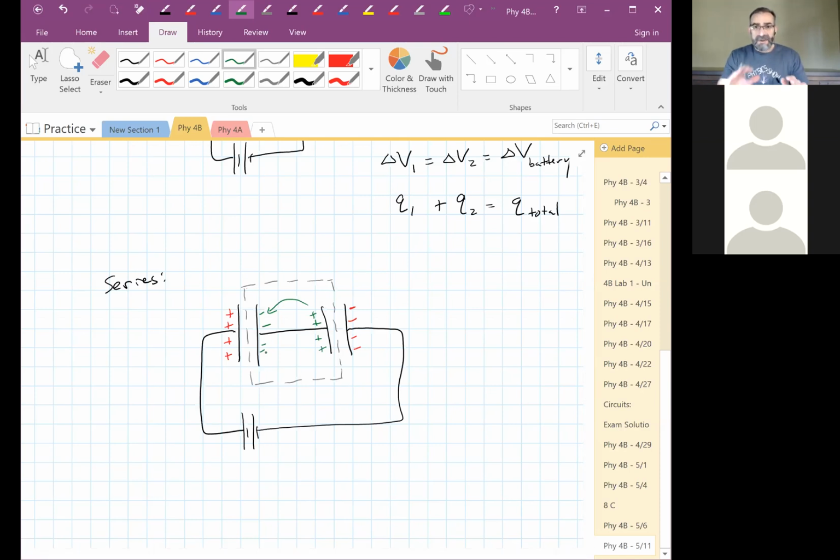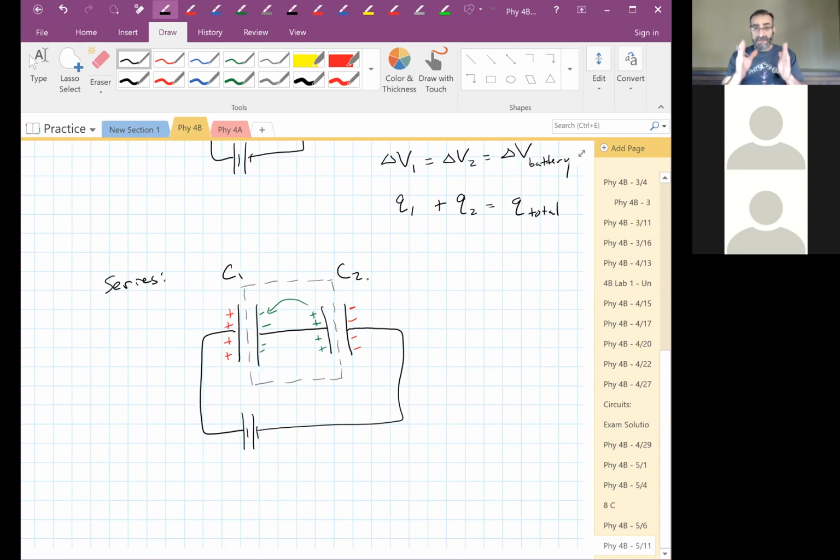So it doesn't matter what size these capacitors are. If this is C1 over here, and this is C2, and C2 is twice as big as C1, it doesn't matter. They both have the same charge stored on them because the battery only sees the outside two plates. So if it pulls 4 coulombs of charge off of this plate, it has to put 4 coulombs onto this plate. And then internally, within that gray box, charges redistribute until there are no more forces on them causing them to move.